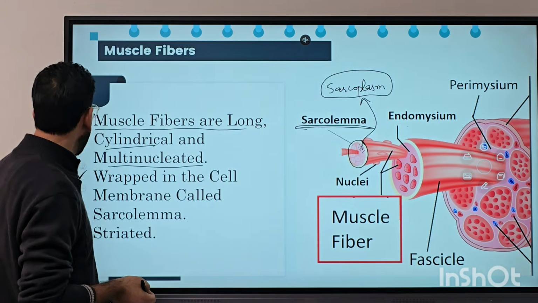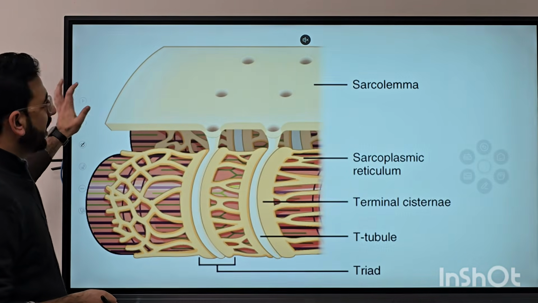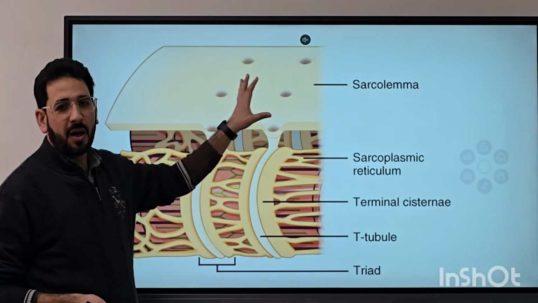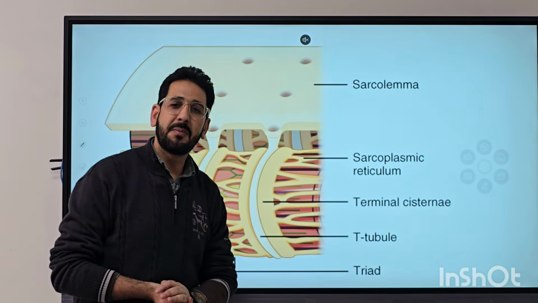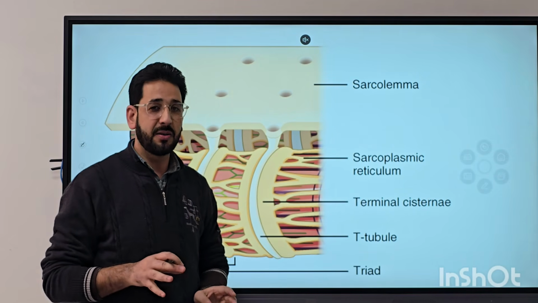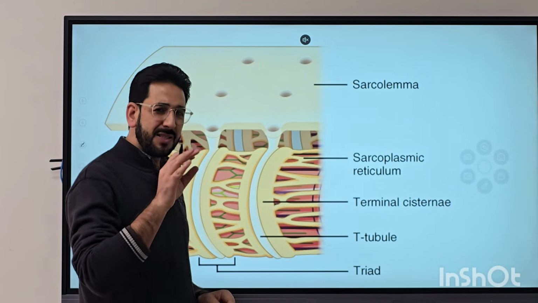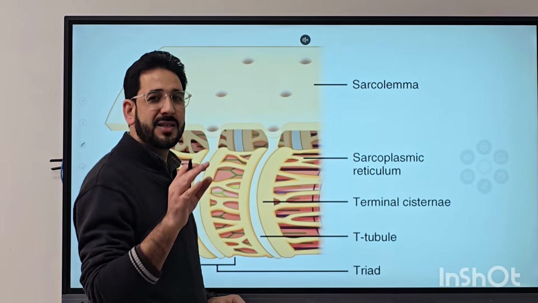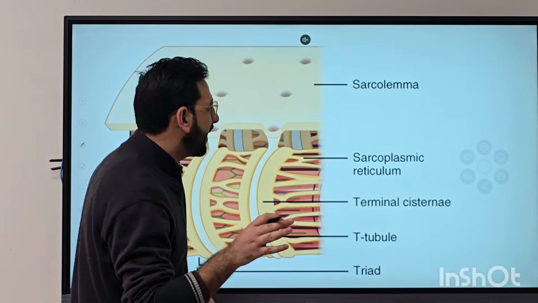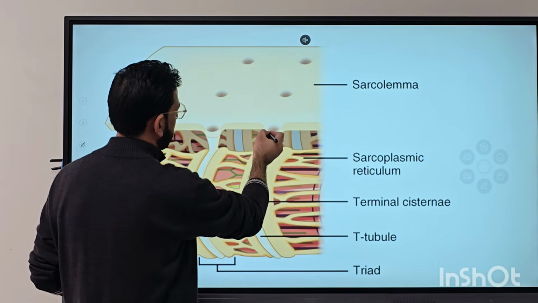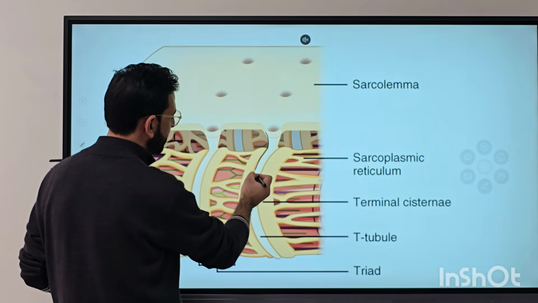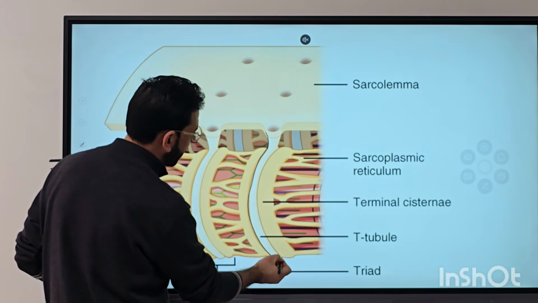Now moving forward, this is the sarcolemma, the plasma membrane or cell membrane of this muscle fiber. In this plasma membrane there are invaginations, and those invaginations are making tube-like structures.